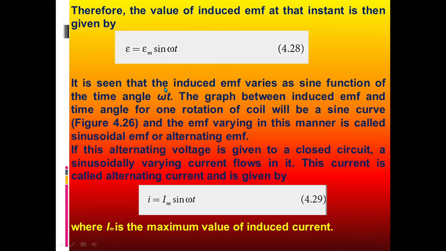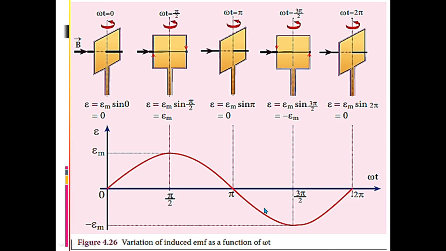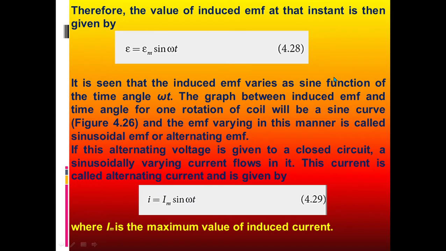It is seen that the induced EMF varies as a sine function of the time angle ωt. The graph between induced EMF and the time angle for one rotation of the coil will be a sine curve. This is the sine curve for one complete rotation of the coil. The EMF varying in this manner is called sinusoidal EMF or alternating EMF.